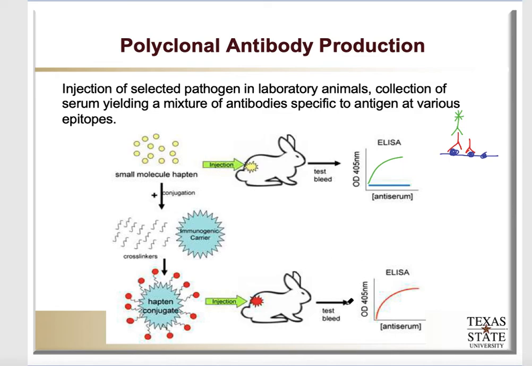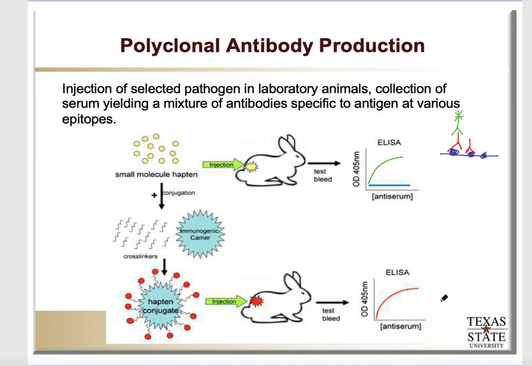And then once we collect the blood, we will be able to find some of those antibodies via the ELISA assay. Once we identify that we have antibodies, then in this particular case, we would start collecting those antibodies every so often from that same animal and be able to sell that. So ideally, you would want to continue selling that to be able to be utilized in a biosensor.